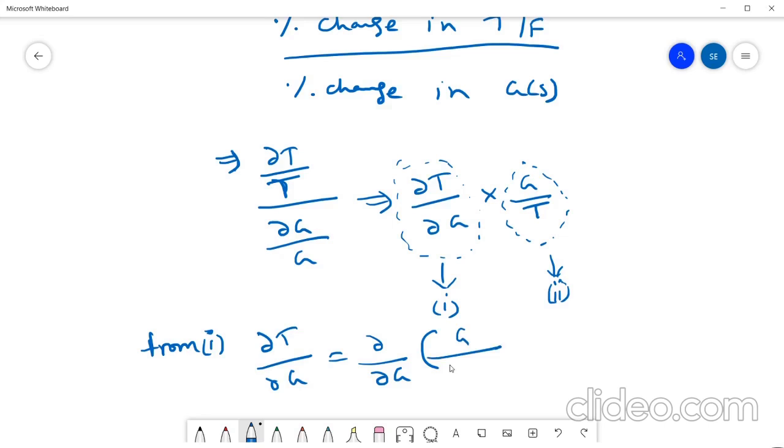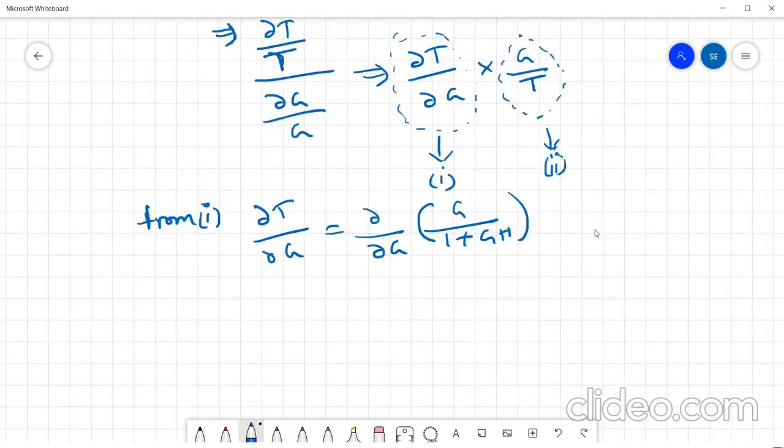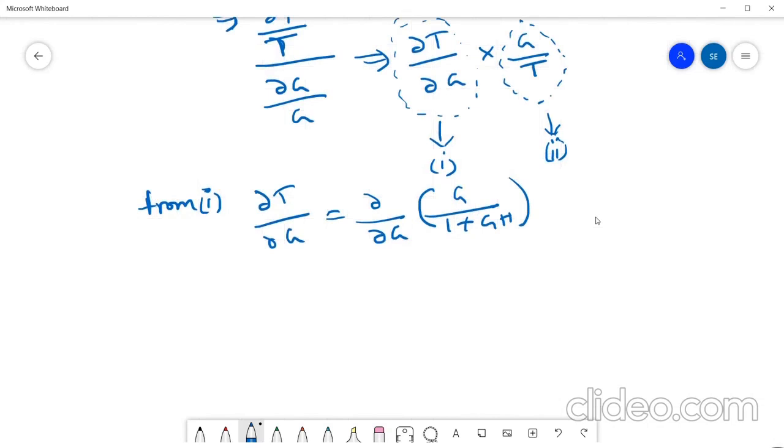It is the simple negative feedback transfer function, overall gain T, right? So when I am differentiating, the partial derivative of A by B, what we will get? A dash B plus A B dash by B square, right?